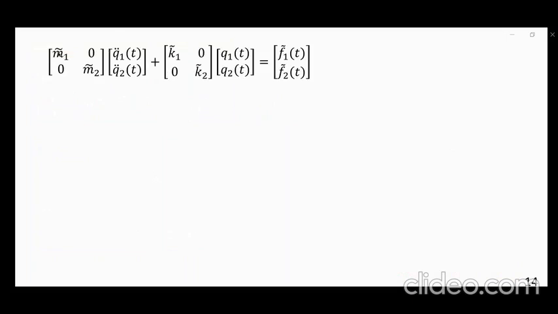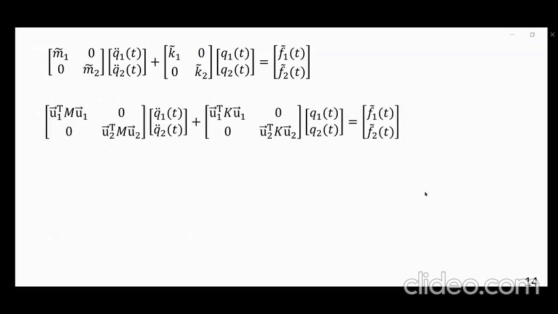However, as I pointed out, the whole idea behind this change of coordinates is that the mass matrix becomes diagonal, the stiffness matrix becomes diagonal, and the right-hand side, of course, is the right-hand side. I want to remind you what this M1 tilde was. It was U1 transpose M U1, etc. This is the stuff that we did in Tuesday's lecture 19.